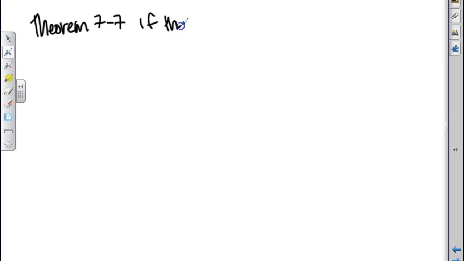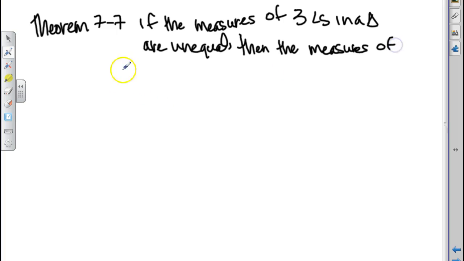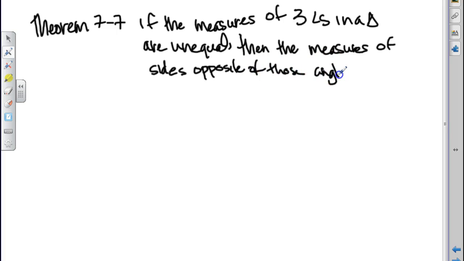All right, if the measures of three angles in a triangle are unequal, then the measures of the sides opposite of those angles are unequal in the same order.